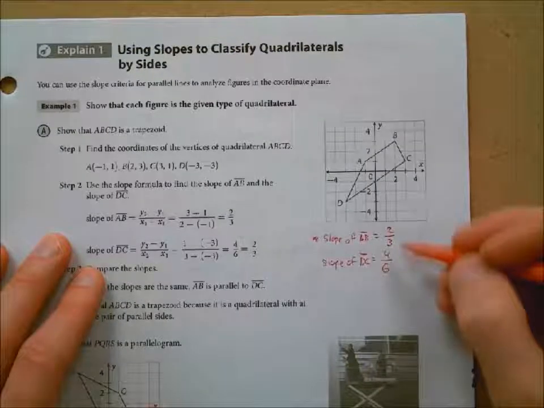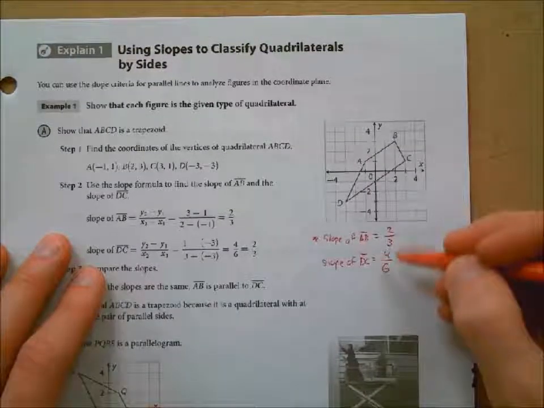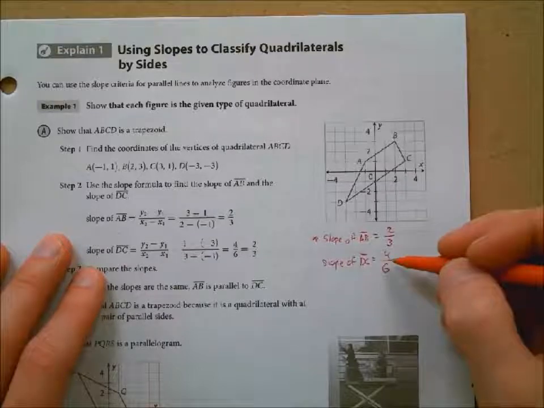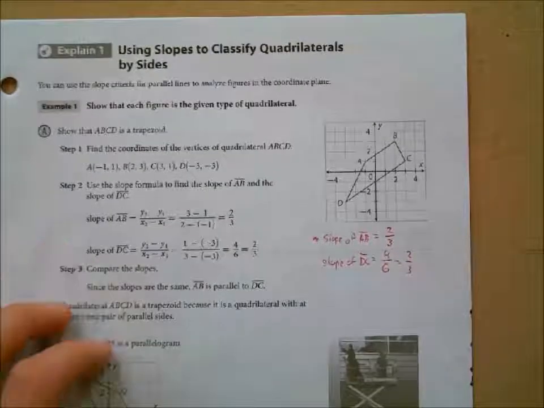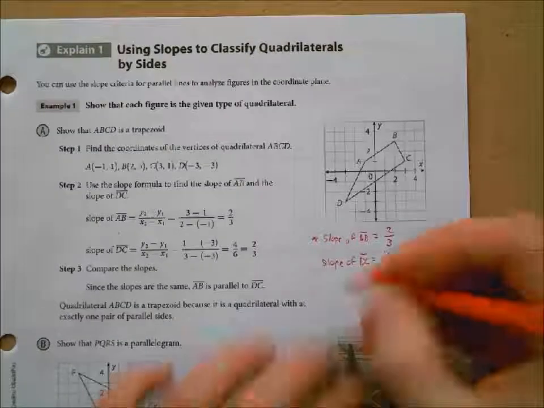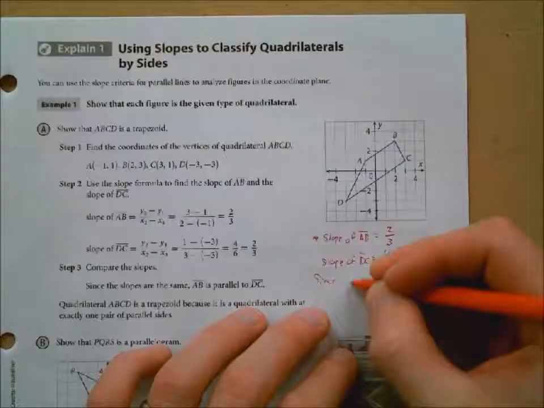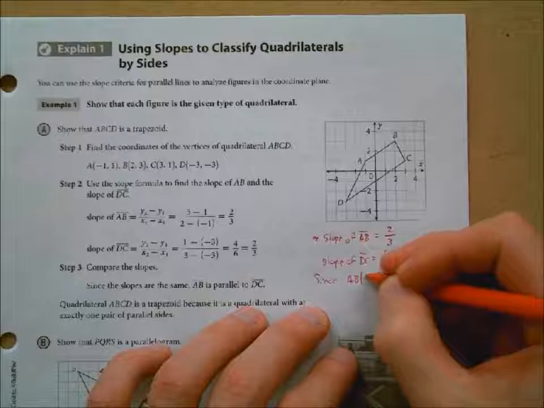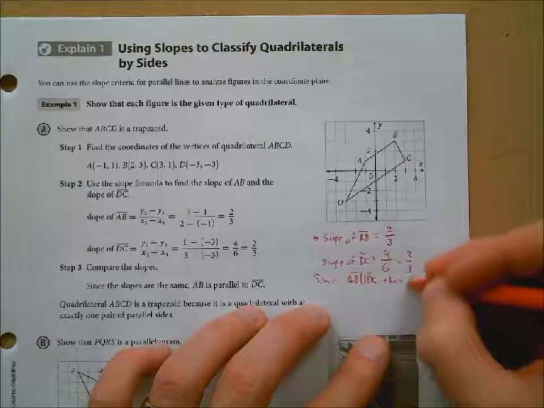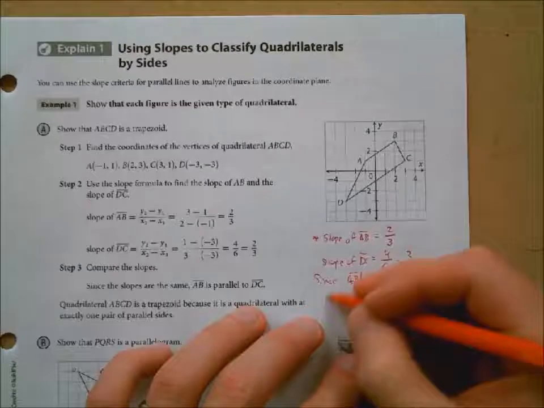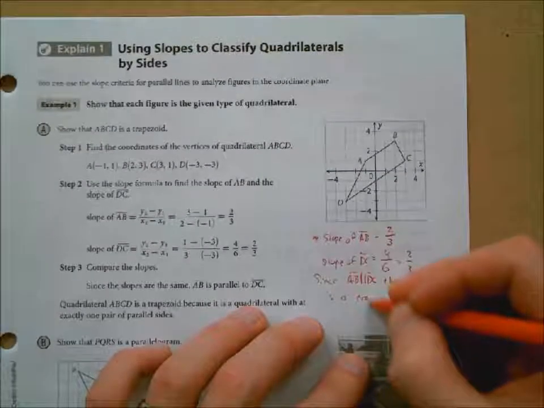Now, when we count them, we have slightly different numbers, but we know 4 over 6 can simplify to 2/3. And so therefore, since AB is parallel to DC, then ABCD is a trapezoid.